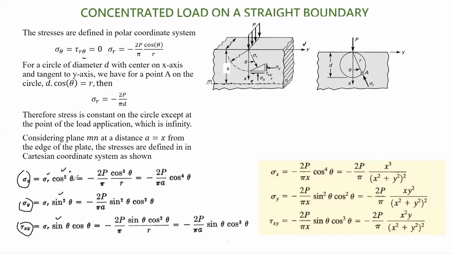We want to calculate them in terms of the Cartesian coordinate system, in terms of x and y, rather than r and theta. So what do we do here? Substitute sigma r here, which is 2P over pi cosine theta over r, times another cosine theta. So you have this term.